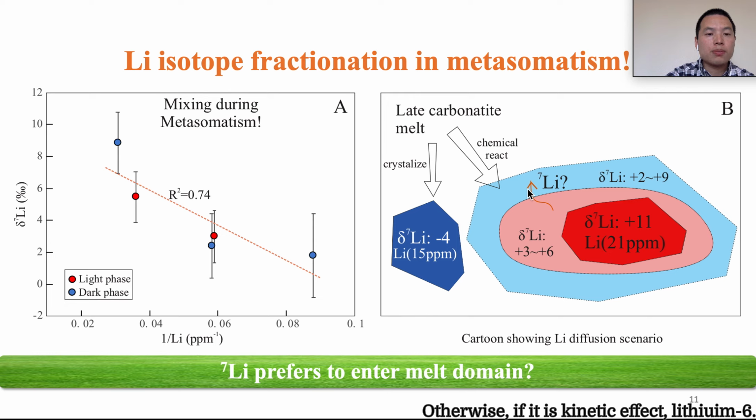Otherwise, if it's a kinetic effect, lithium-6 will move faster, so it would have a relationship that is totally opposite. So the result here suggests lithium-7 prefers to enter the melt domain during this metasomatism process.